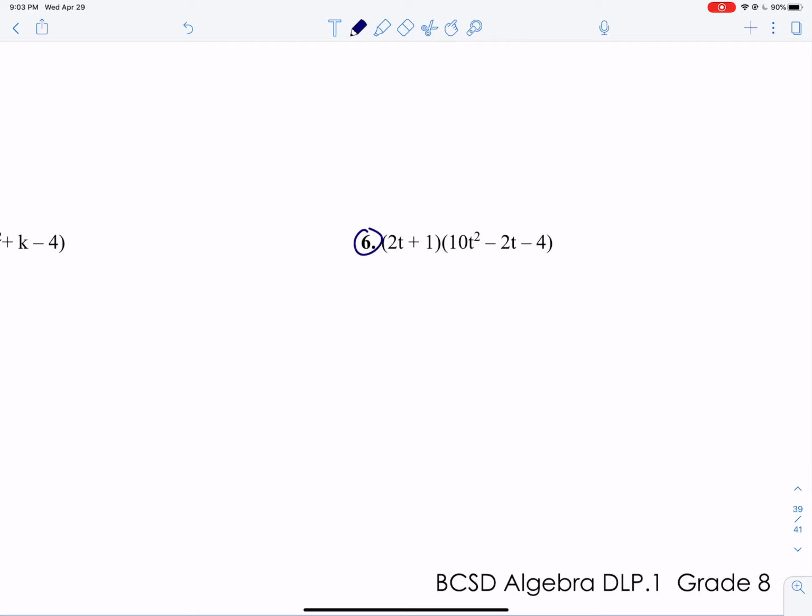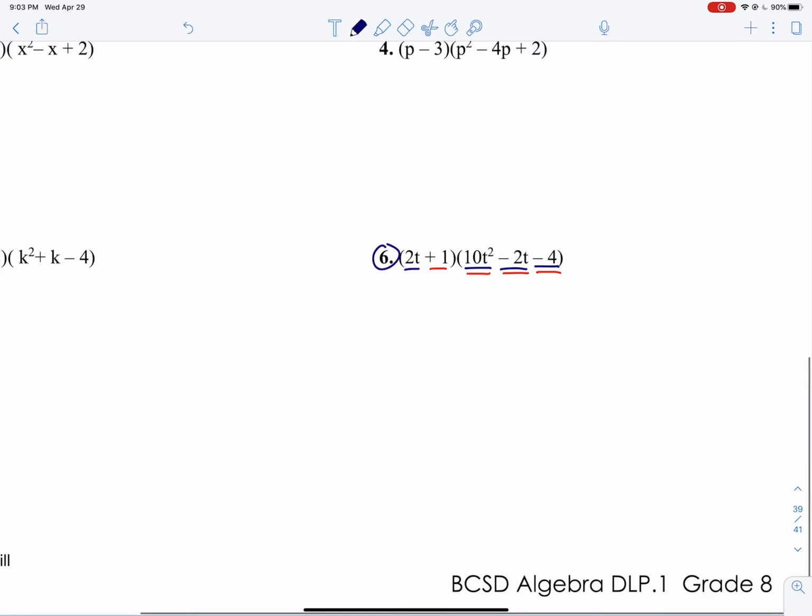Okay, so I'm going to take 2t times this, times this, times this, and then second distributive property, 1 times each of those. Okay, 2t times 10t squared. So 2 times 10 is 20.